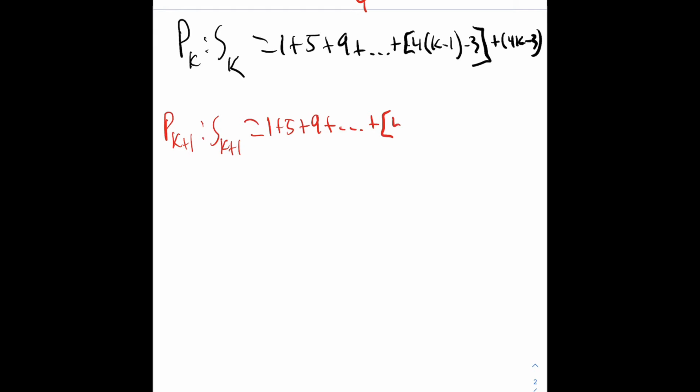Again, 1 plus 5 plus 9. But now I'm getting into the 4K term. So now I see a K, and I'm going to write K plus 1 in parentheses, and then minus 1.